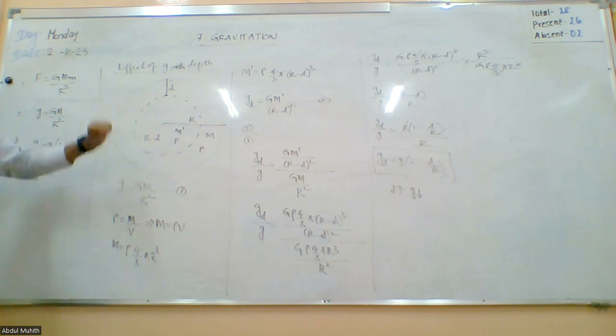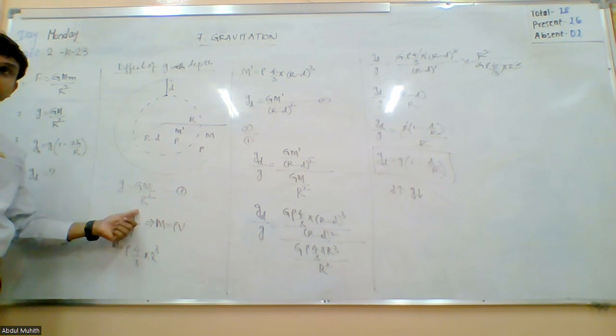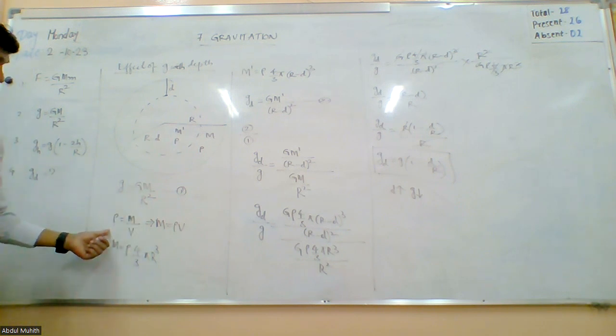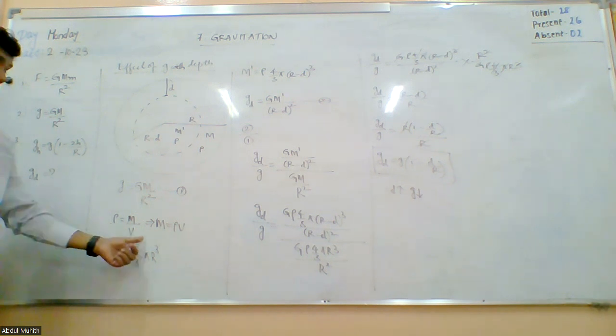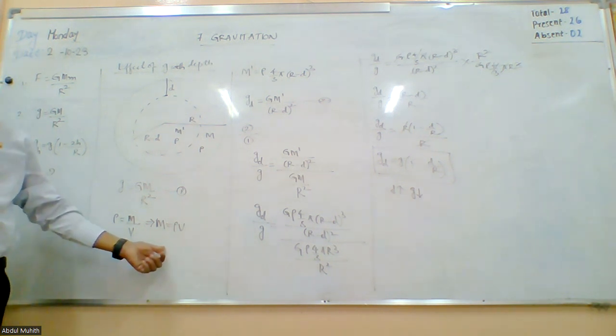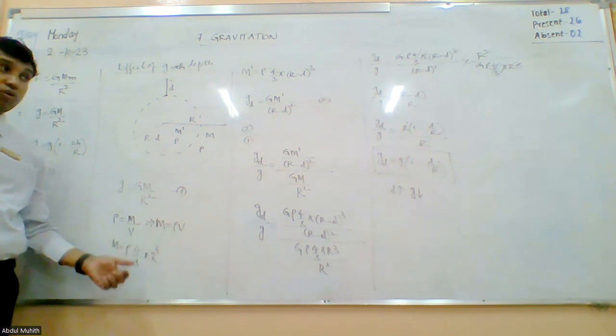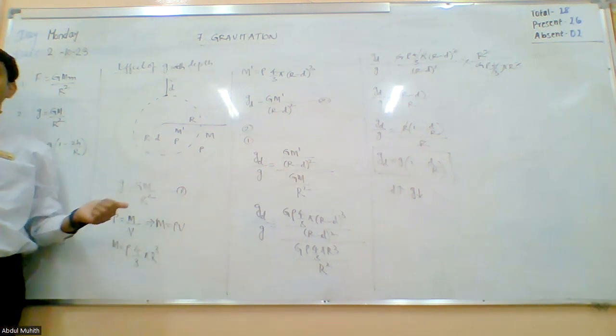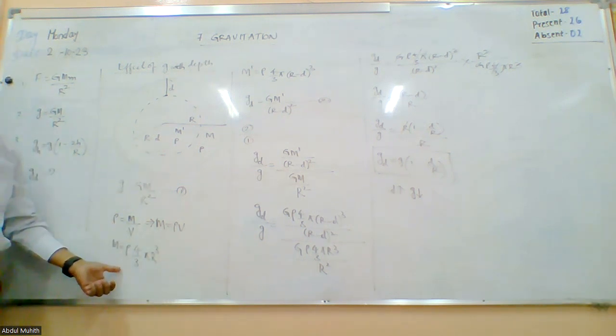Now g is equal to what? M by R square. And we have rho, density, equal to mass upon volume, and mass equal to density into volume. We know the Earth is like a sphere.